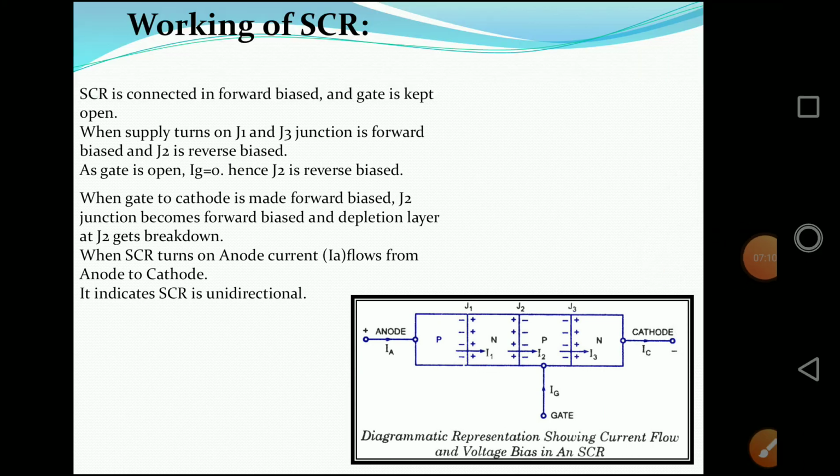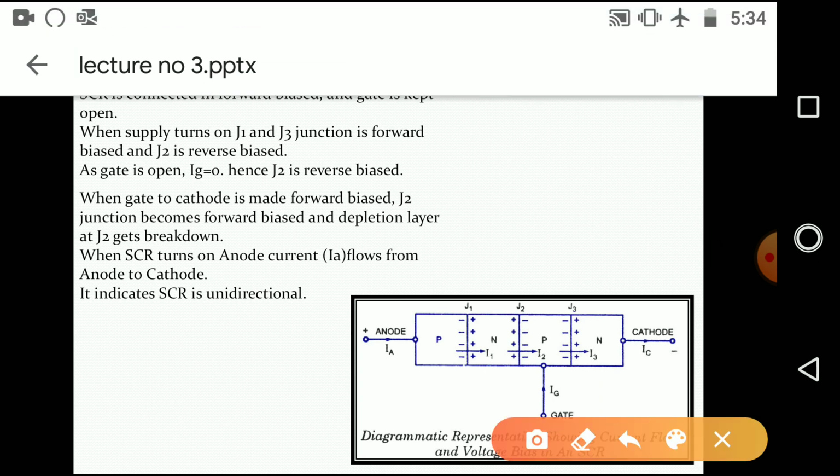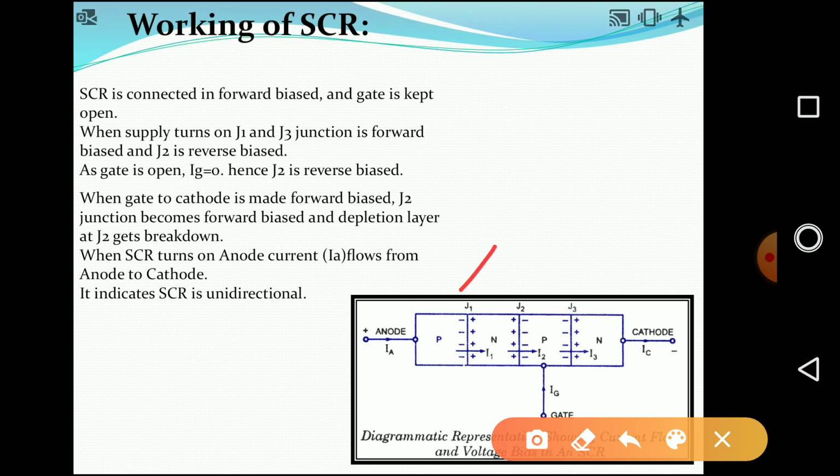As the SCR is forward biased, due to this forward supply, junctions J1 and J3 are forward biased and junction J2 is reverse biased. Junction J1 is connected to the outer P layer, and this P layer is connected to the positive supply. As the P layer has positive charge, the junction J1 becomes forward biased.